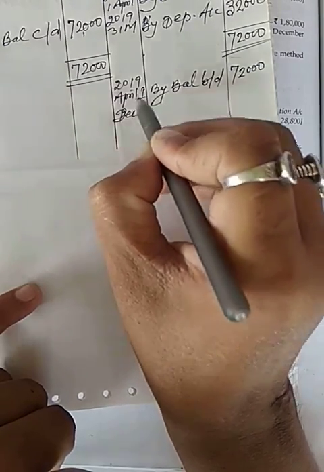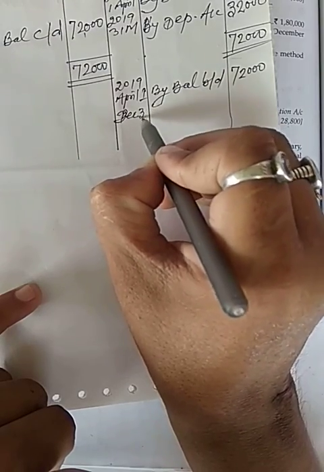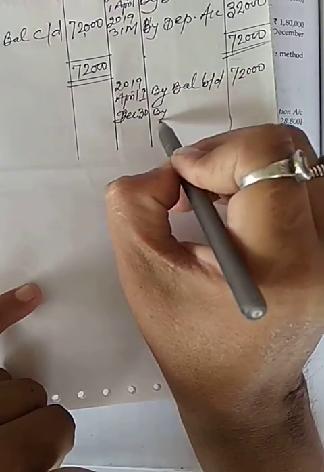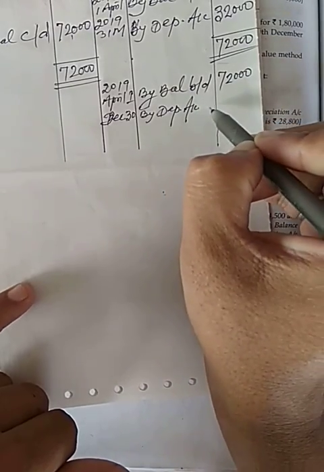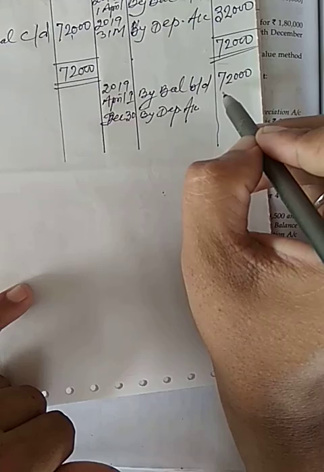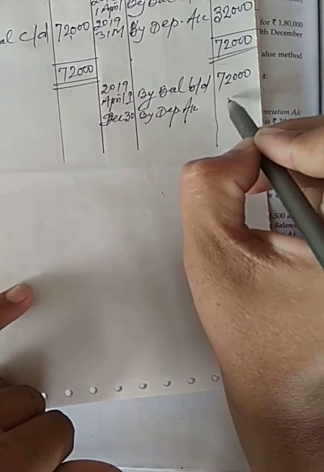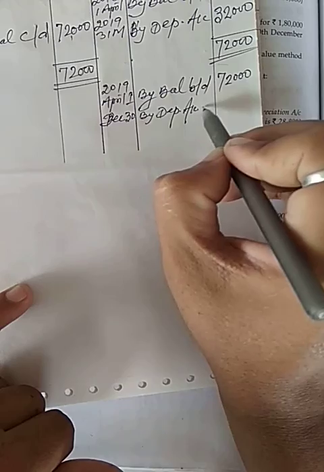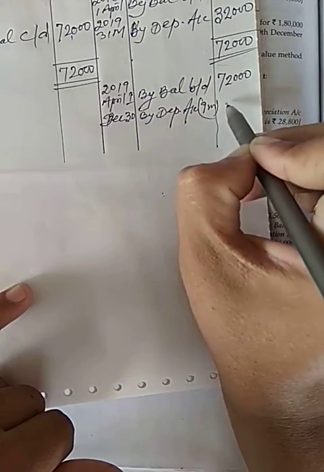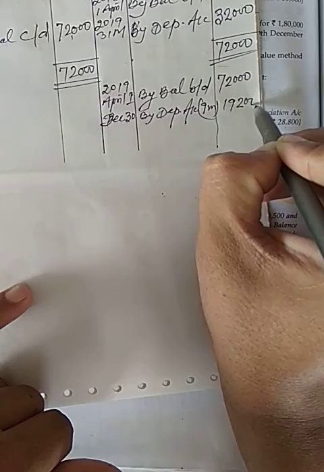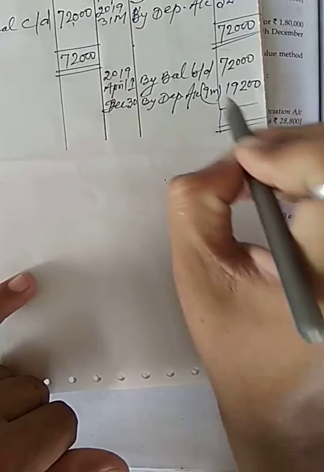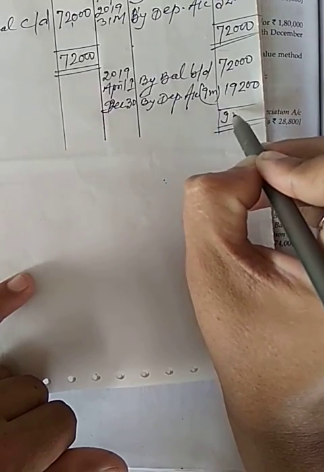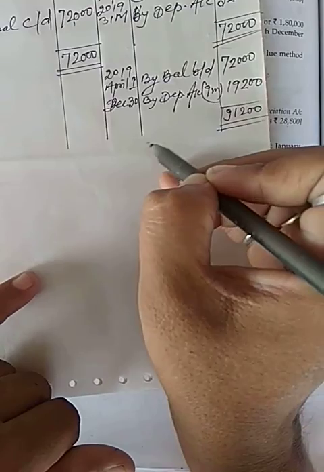And this year the machine was sold on 2019 30 December. So depreciation will be for 9 months, and it will be depreciation account, 19,200 for 9 months. So when we add, it will be 91,200.